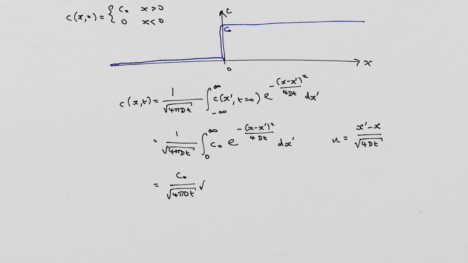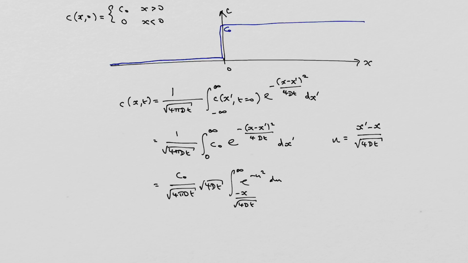So I get a square root 4Dt from the change of variable, and then I get an integral where when x prime is infinity, then u is still infinity. Okay? And when x prime is naught, then u is minus x over square root 4Dt. And then this becomes e to the minus u squared du.